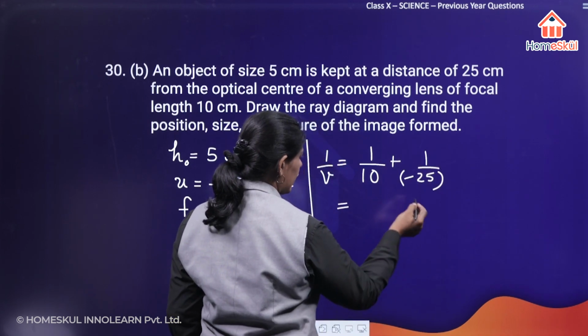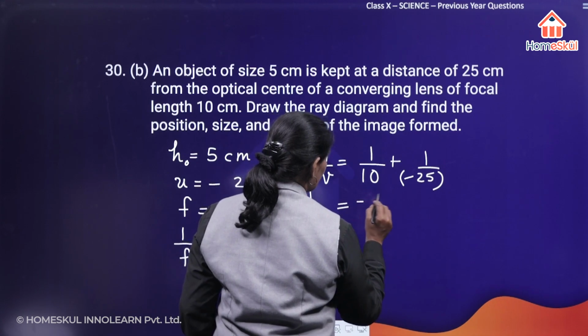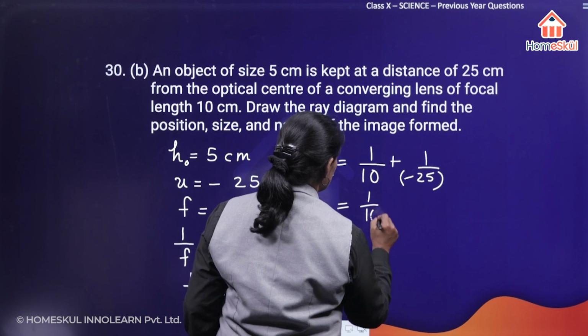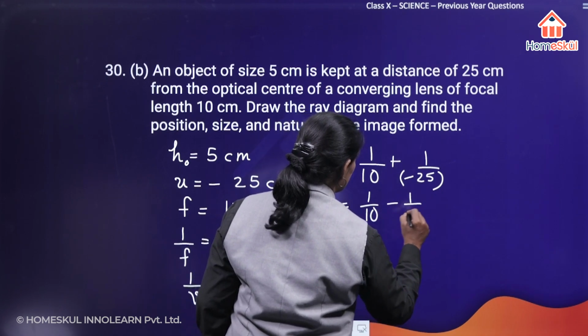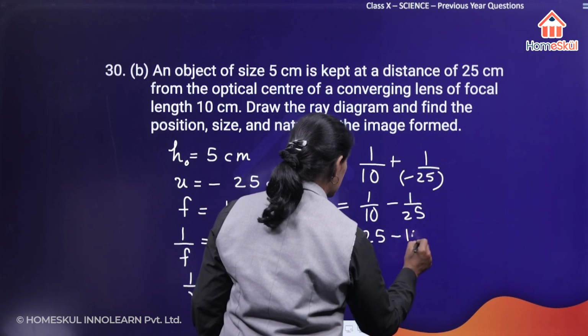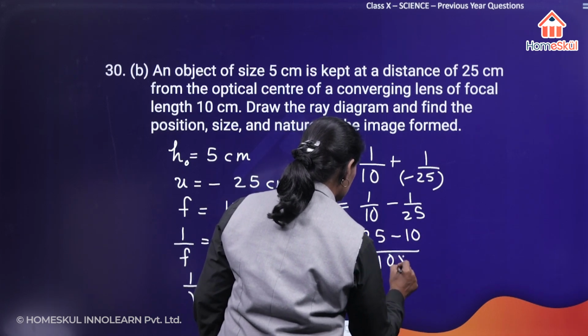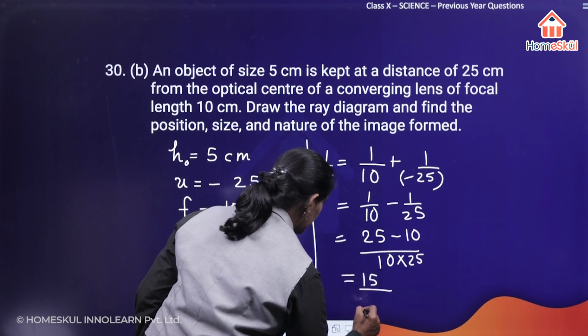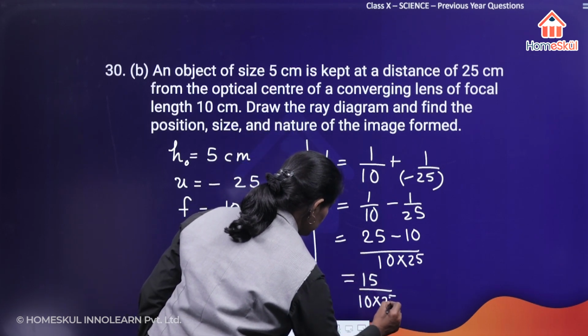Solving for it, what do we get? We have 1 by 10, let's take the negative over here, minus 1 by 25, or we get 25 minus 10 by 10 into 25. 25 minus 10 will give you 15 divided by 10 into 25.